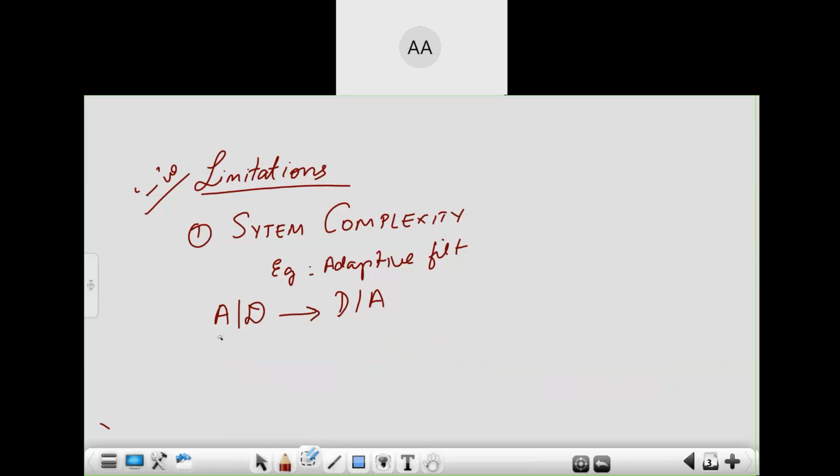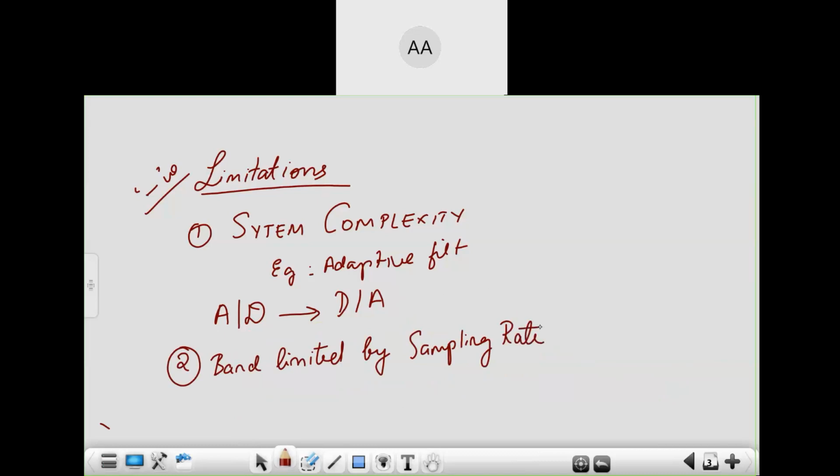What else? The next important thing is, it is band limited by your sampling rate. Band limited by sampling rate means what? You are fixing the sampling rate.